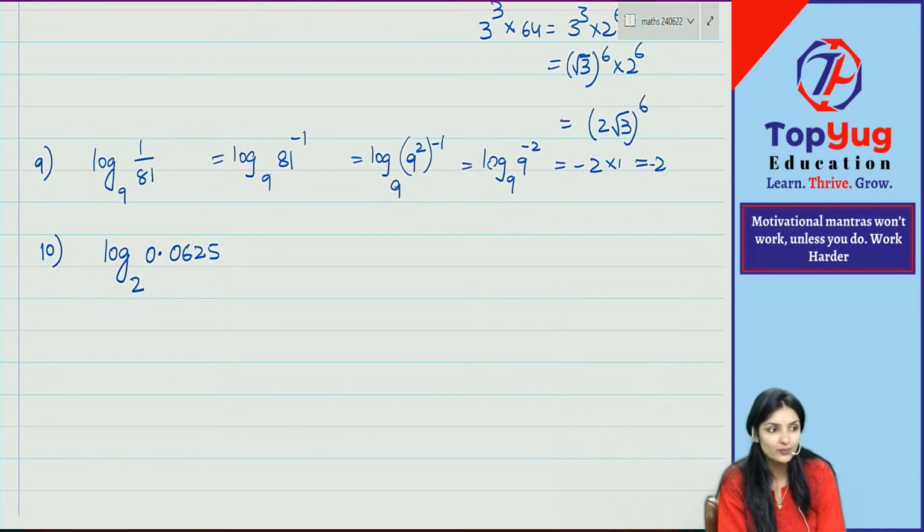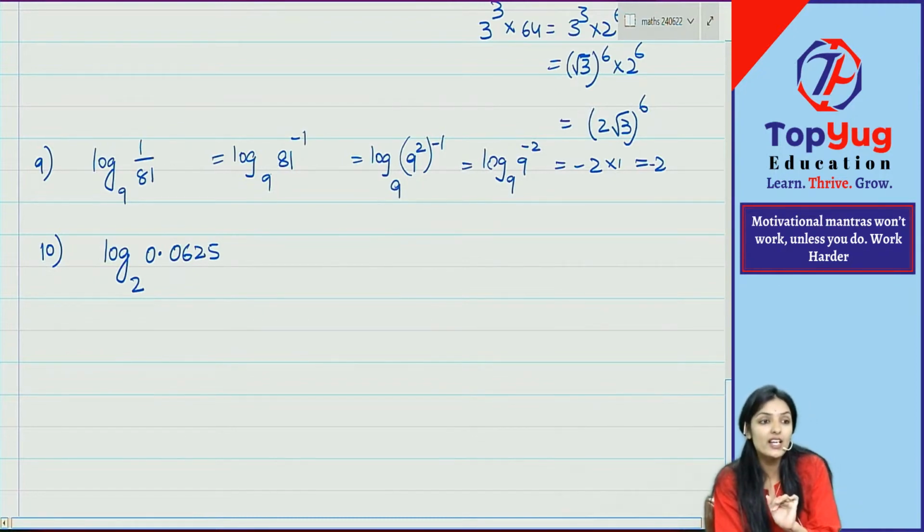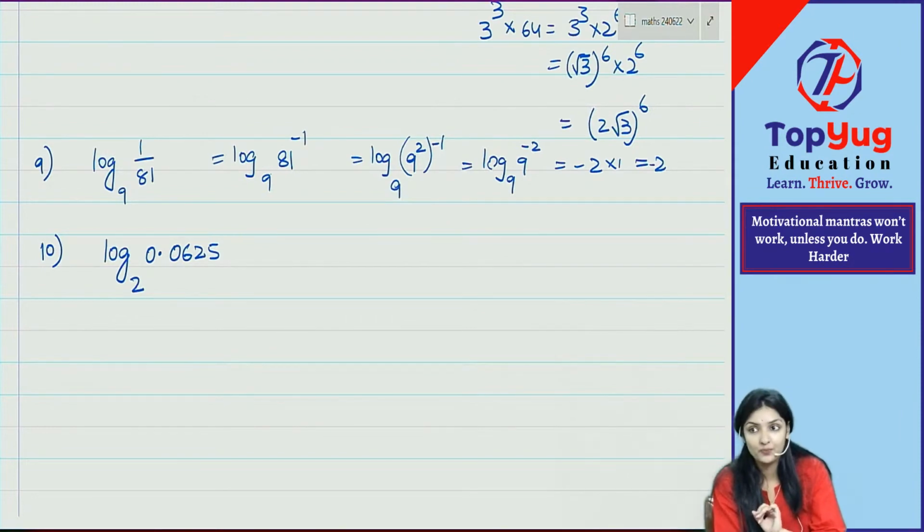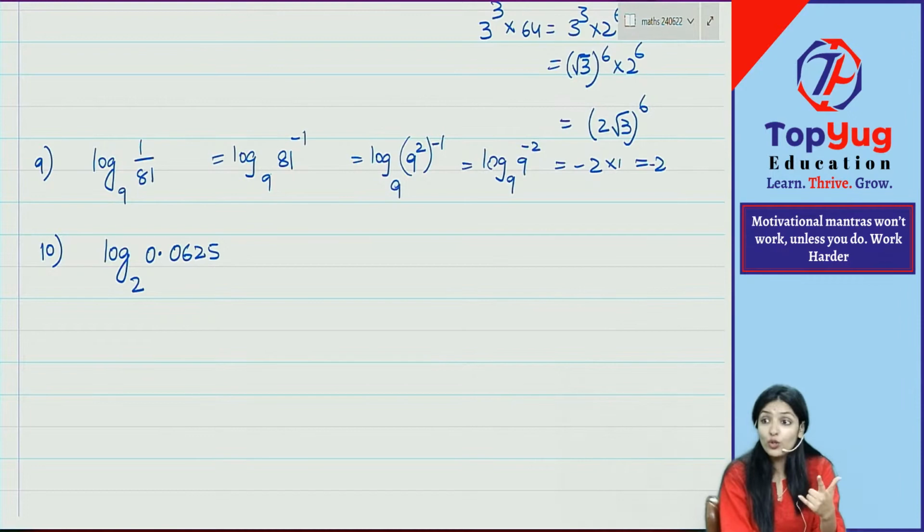I'll give you a hint. 0.0625, you can write it as 625 by 10,000. After the decimal, how many numbers are there? 4. Means you have to put 4 zeros in the denominator. Just try doing it. Anyhow, I would be doing it. I have been repeating, the more you do, the more you get.